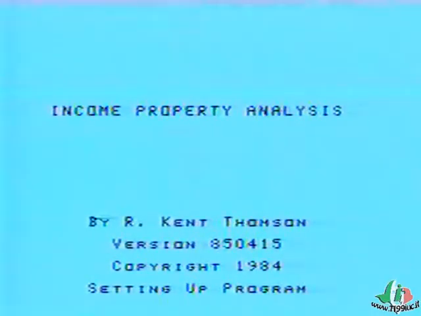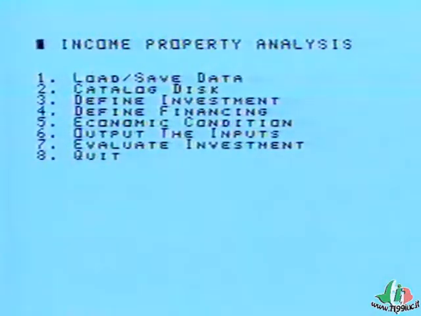What's going on right now is the program is loading the same kind of information that was loaded on the previous program, tax information and things like that that are used as databases in the calculations. And there's the main menu.